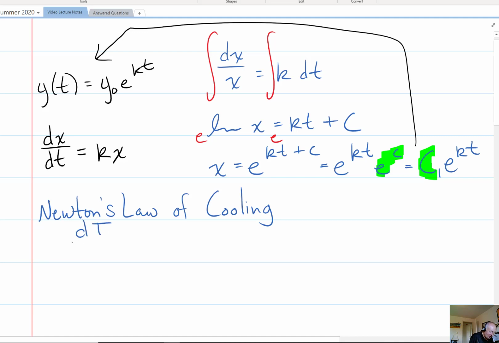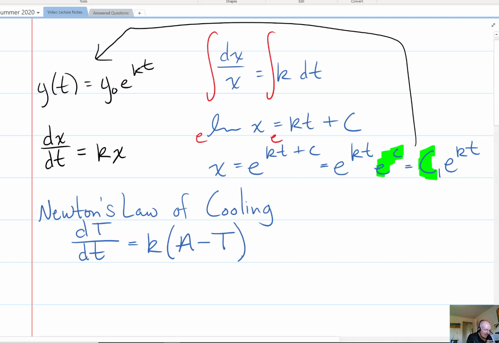The capital T is the temperature function, and of course little t is time. dT/dt equals some constant times A minus T, where A is the constant ambient temperature. And there it is. There's Newton's law of cooling.